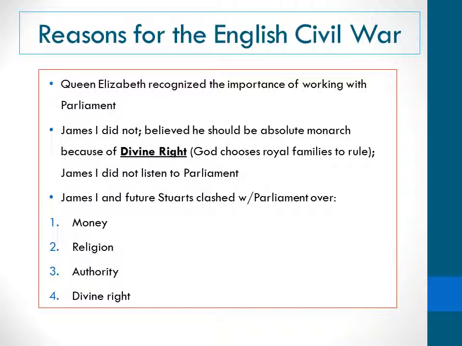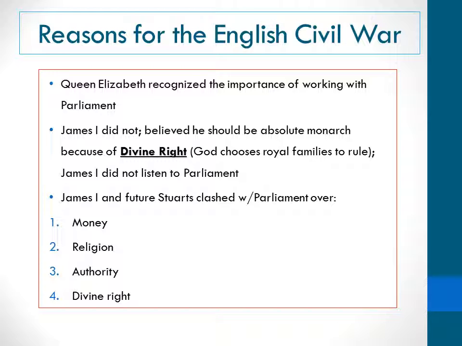James would also discriminate against a new branch of Protestantism called the Puritans, okay? And the Puritans were a breakoff of Calvinists, and they believed that Anglicanism, the Church of England, was way too similar to Catholicism, and they wanted to purify the practices of the Anglicans.